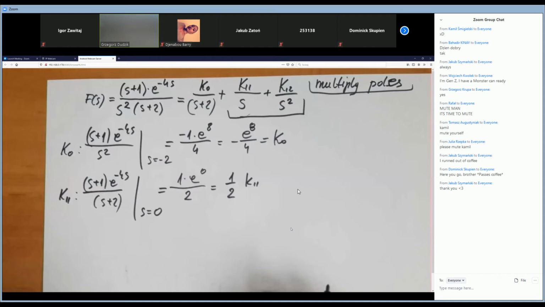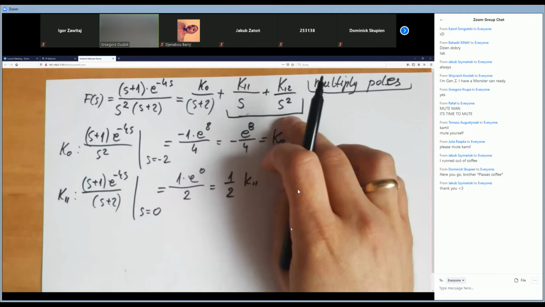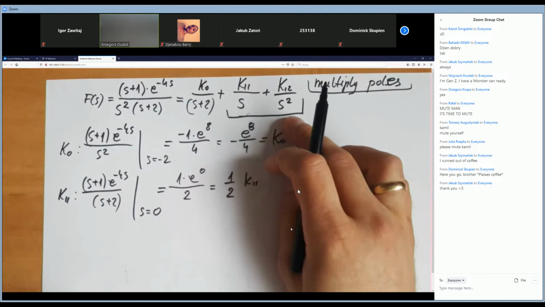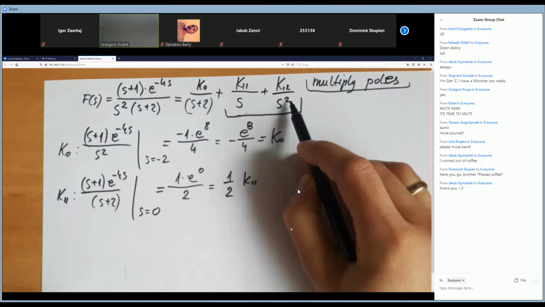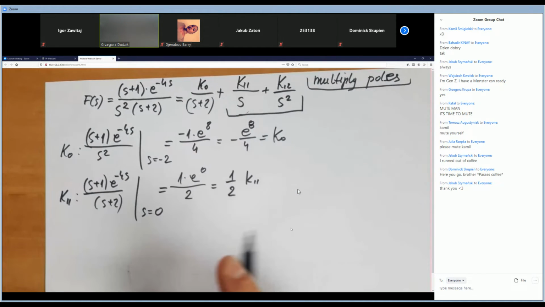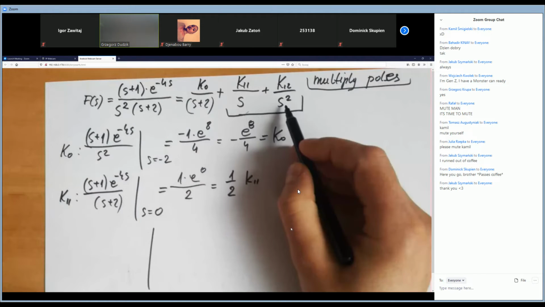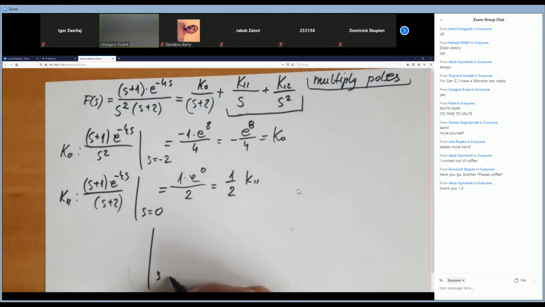What about this one? This is the multiple pole. So here we've got s, here we've got s squared. Of course, the root for s squared is also 0.